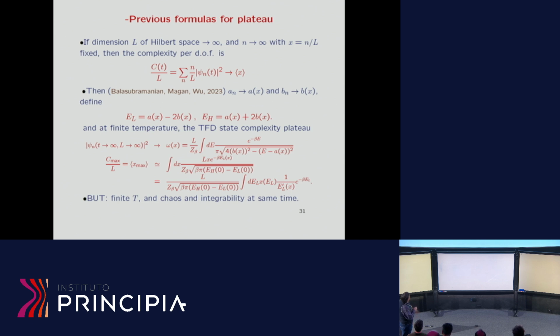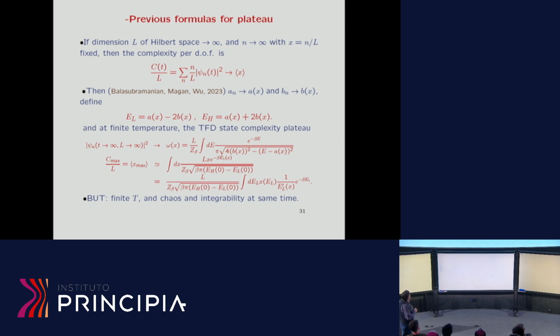So Javier and collaborators, for instance, showed that in the limit of dimension of the Hilbert space going to infinity, when you define the ratio of the n of kn with the dimension of Hilbert space to be a parameter, then you can find, for finite temperature, the complexity of the thermofield double state in terms of an integral formula.